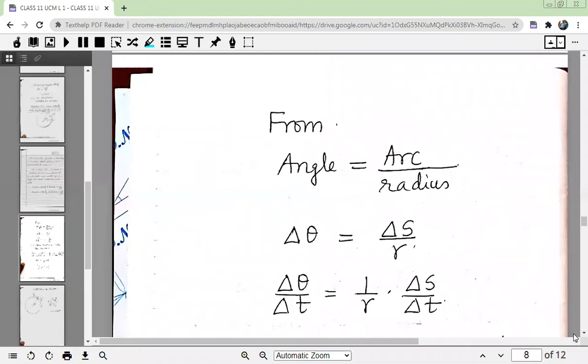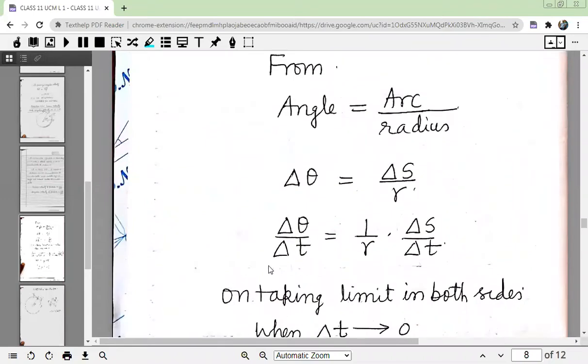Now dividing both the sides by delta t, what will you get? Delta theta upon delta t equals 1 upon r into delta s upon delta t. Here r is the radius of the circular path.